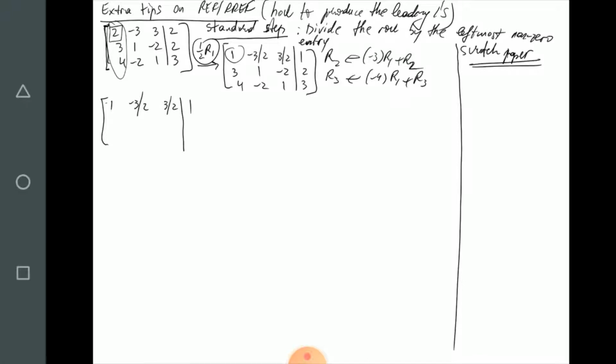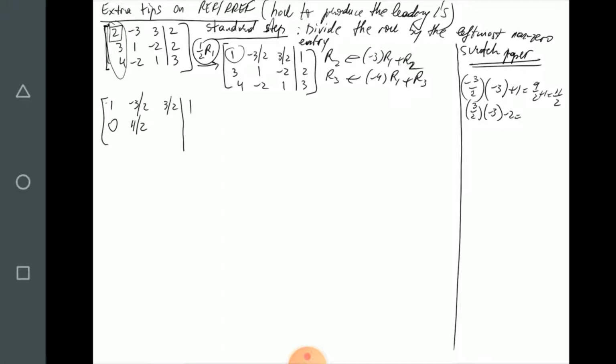So minus 3 times 1 plus 3 is 0. To the scratch paper: on the second entry, I have minus 3 over 2 multiplied by minus 3, plus 1. That's 9 over 2 plus 1, that's 11 over 2. So I have 11 over 2 on the second position of the second row. Moving along, we have 3 over 2 times minus 3, minus 2.